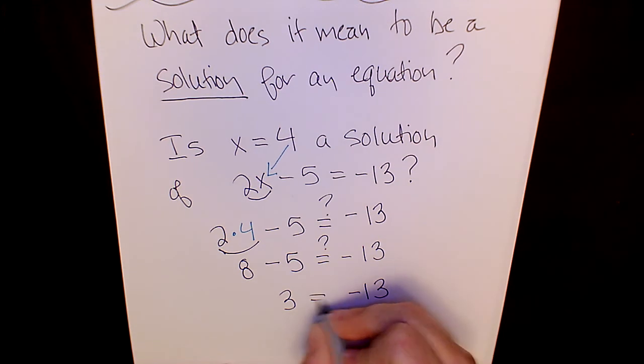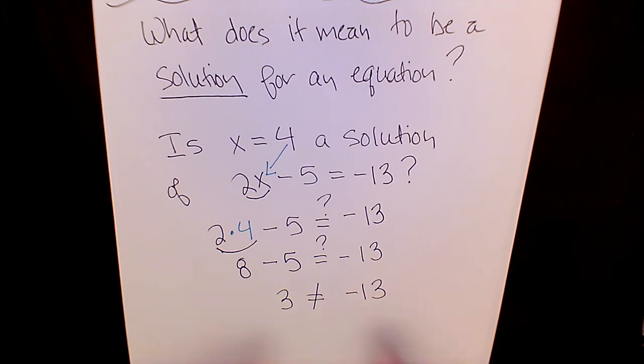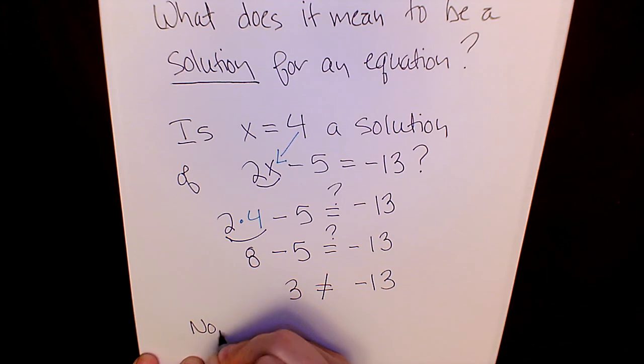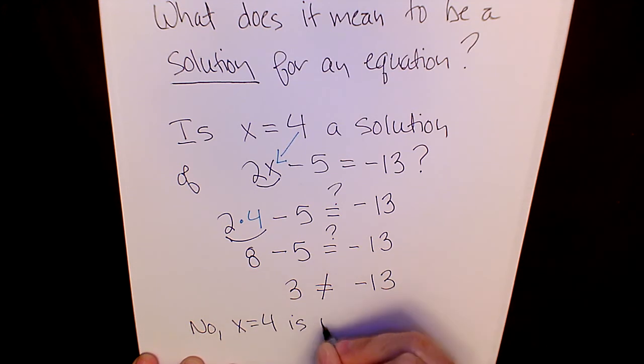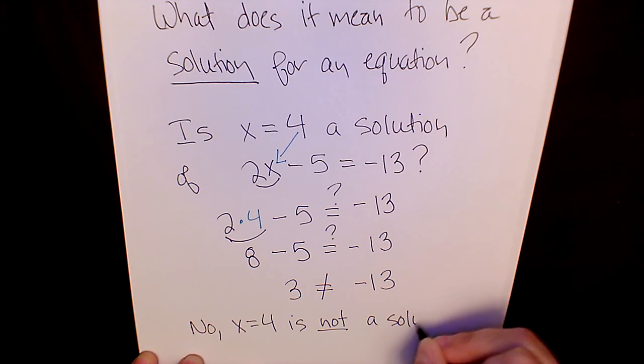No. So we put an equal with a slash through it, and that means does not equal. So 3 does not equal negative 13, which means no, x equals 4 is not a solution.